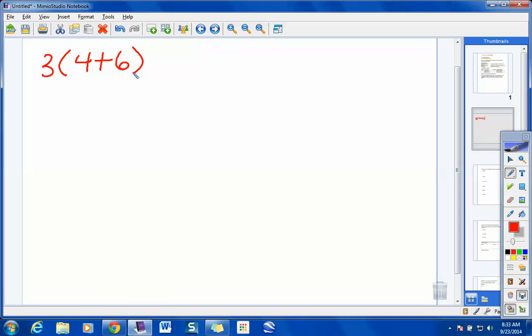I would have to look at the parentheses first, wouldn't I? What is my 4 plus 6 in parentheses? 10. And then 10 times 3 would be 30. So you guys agree that value is 30, right? Alright, so let me write down 3 times 4 plus 3 times 6.